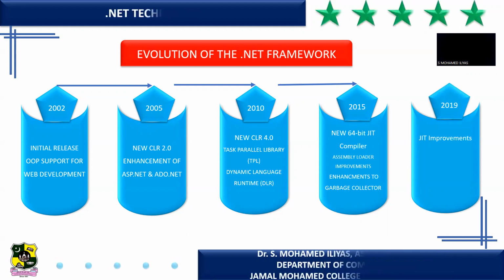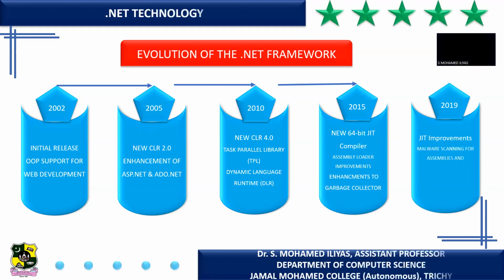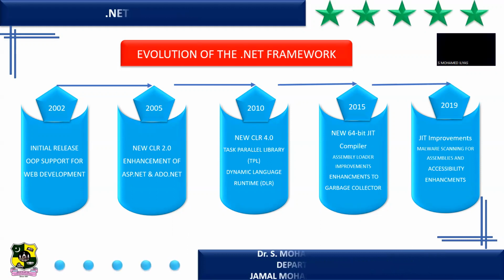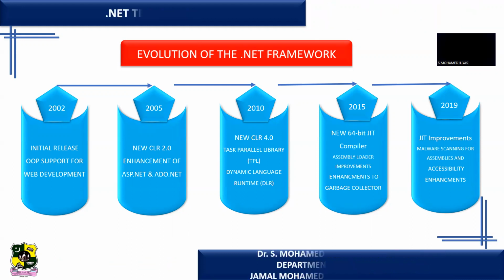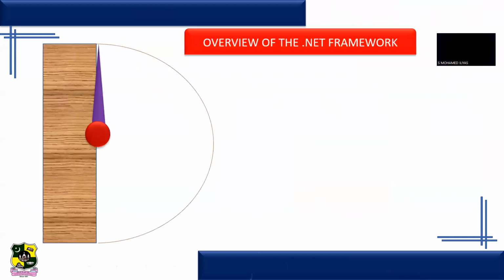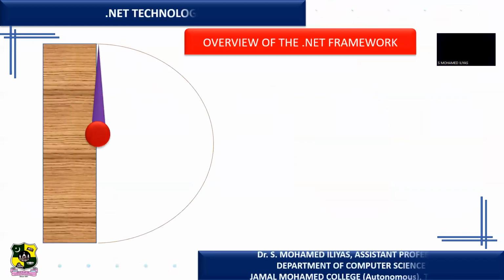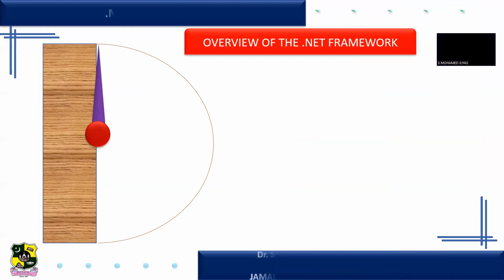In this version, just-in-time compiler improvement was carried out, and malware scanning for assemblies and accessibility enhancements were carried out. So these are all the various evolutions of the .NET framework right from the year 2002 up to 2019.